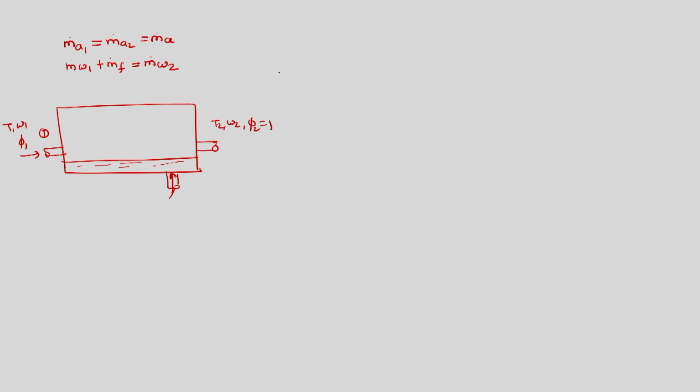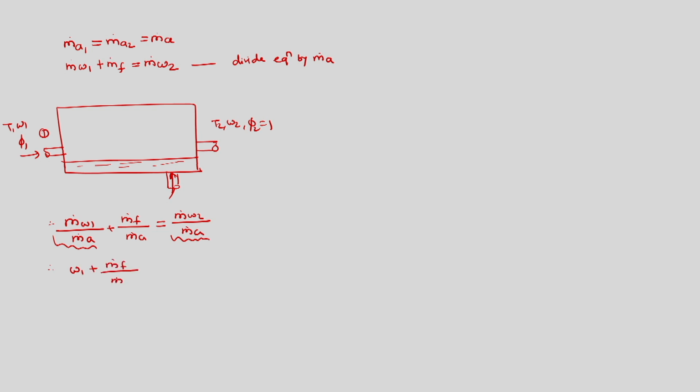m dot A omega 2. So let us divide this equation by m dot A, such that we will have m dot A omega 1 divided by m dot A plus m dot F divided by m dot A is equal to m dot A omega 2 divided by m dot A. We know this is specific humidity at entrance, this is specific humidity at exit.